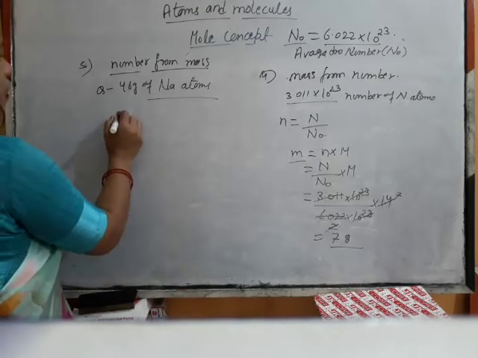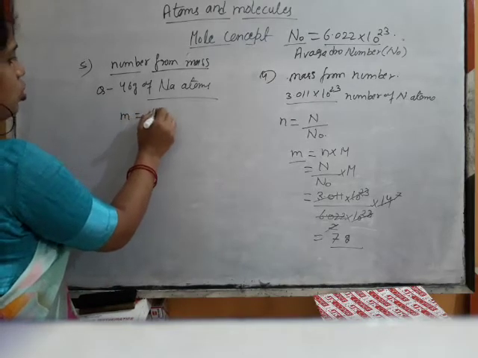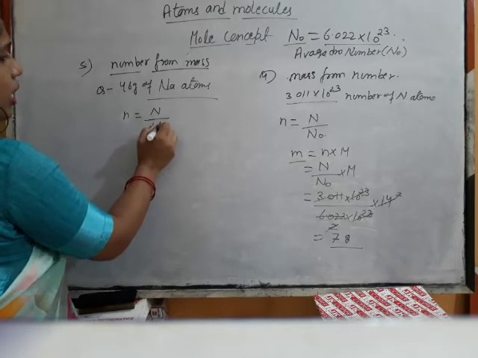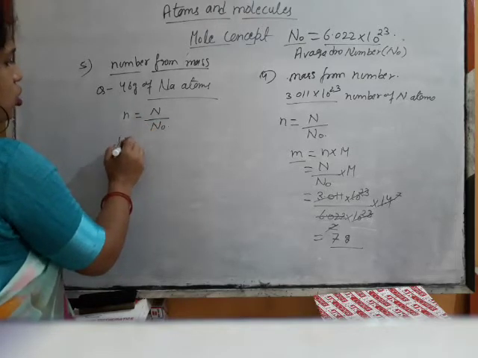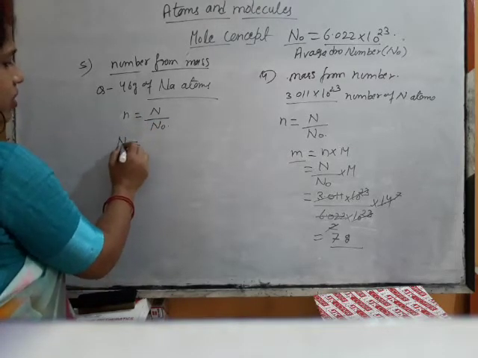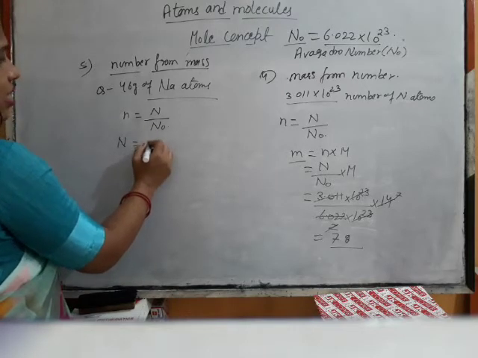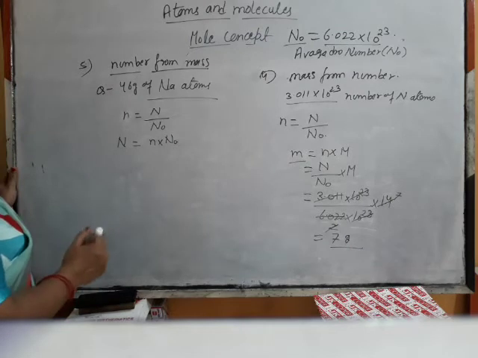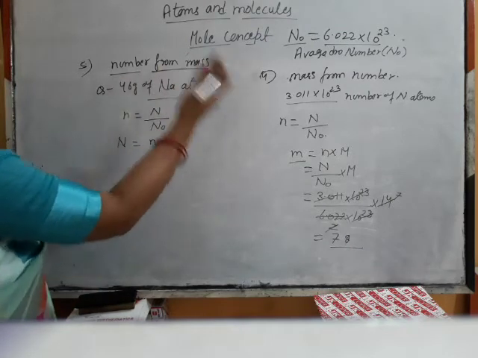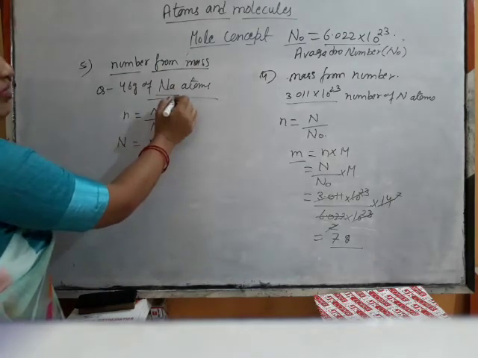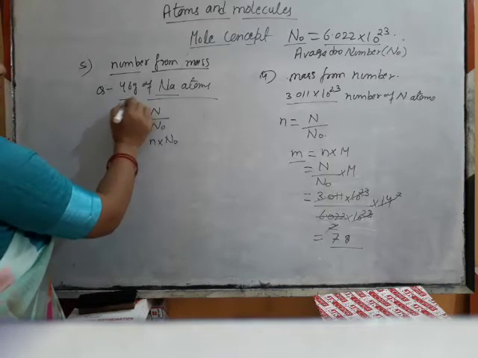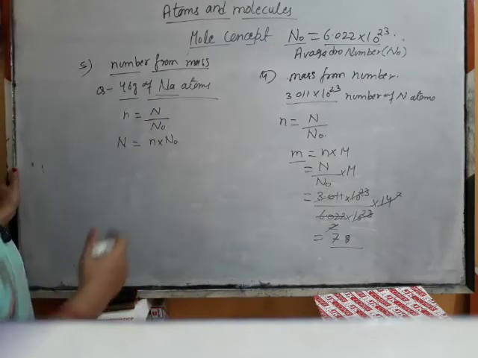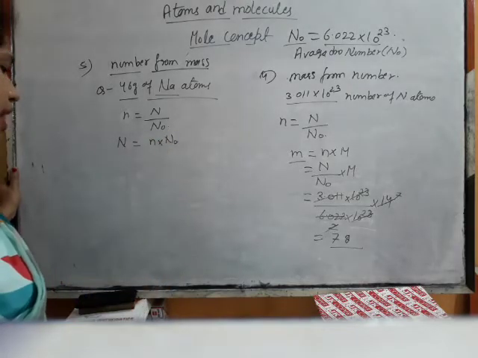We know that number of moles n is equal to N upon N naught. So N will be n into N naught, since we have to find the number of particles from mass. The molar mass of sodium and the given mass of sodium we have.